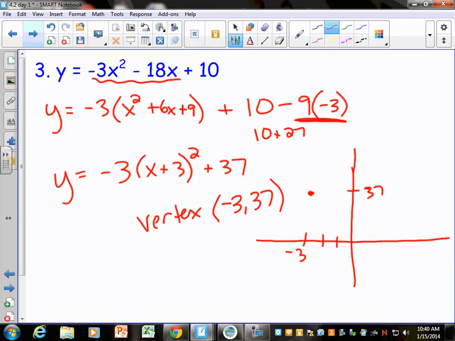This 3 tells me go over 1 and down how many? Down 3, because it's stretched by a factor of 3. If that was a 7 there, you'd go over 1, down 7. That's the shortcut way of doing that without having to make an XY chart. If you are not sure, make an XY chart. You don't have to graph this, but it would be like over, down 3. Mine isn't terrible, but 37.